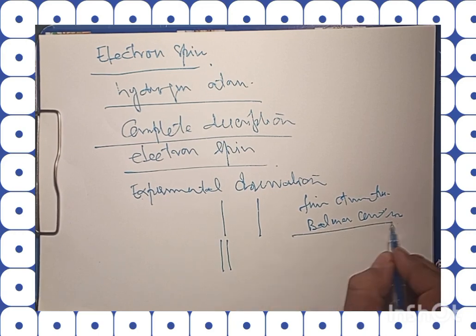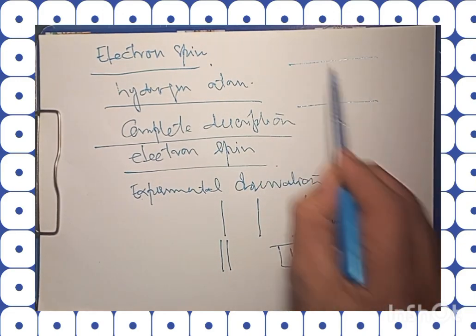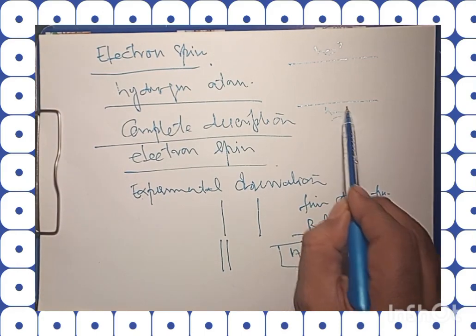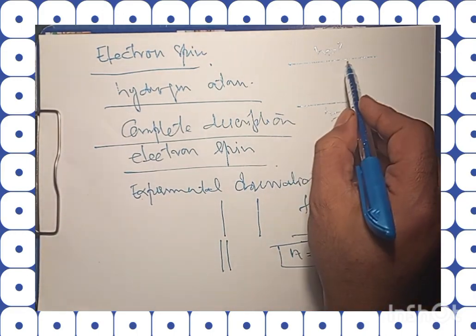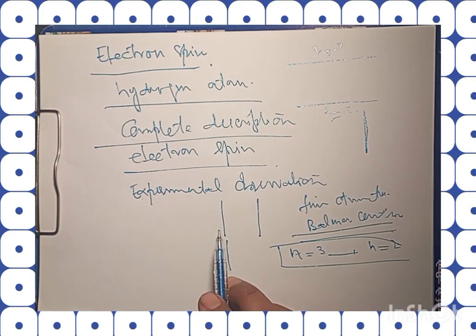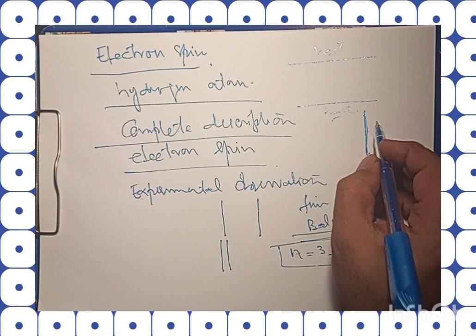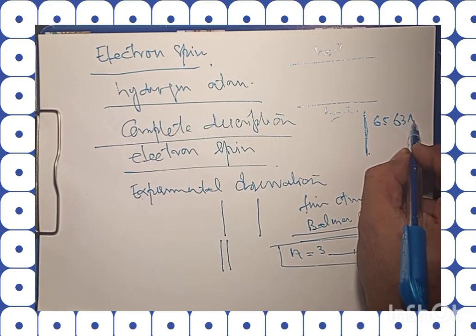This comes by virtue of a transition from n equals 3 to n equals 2 in the hydrogen atom. The theoretical prediction here is a single line, with a wavelength of 6,563 angstrom.